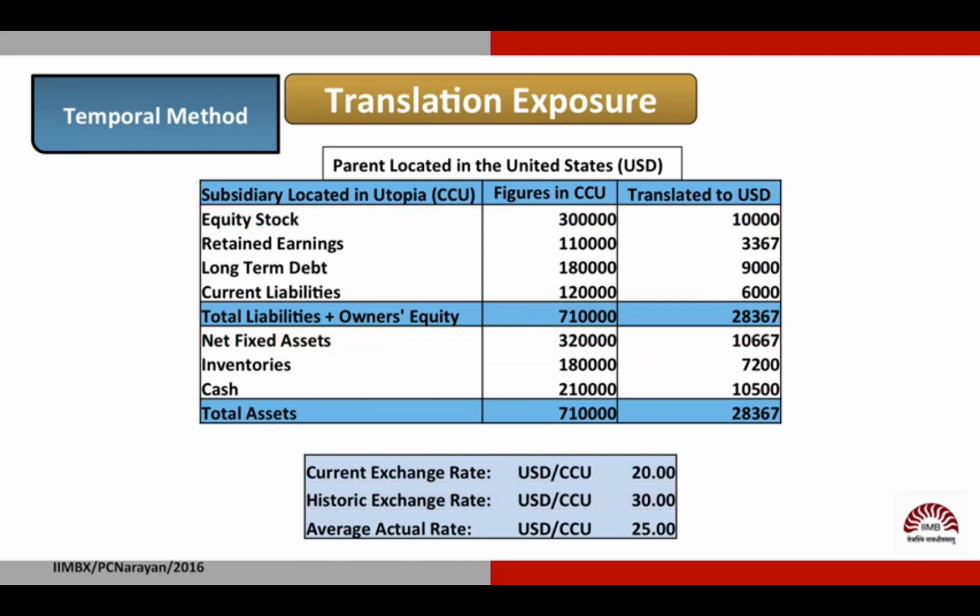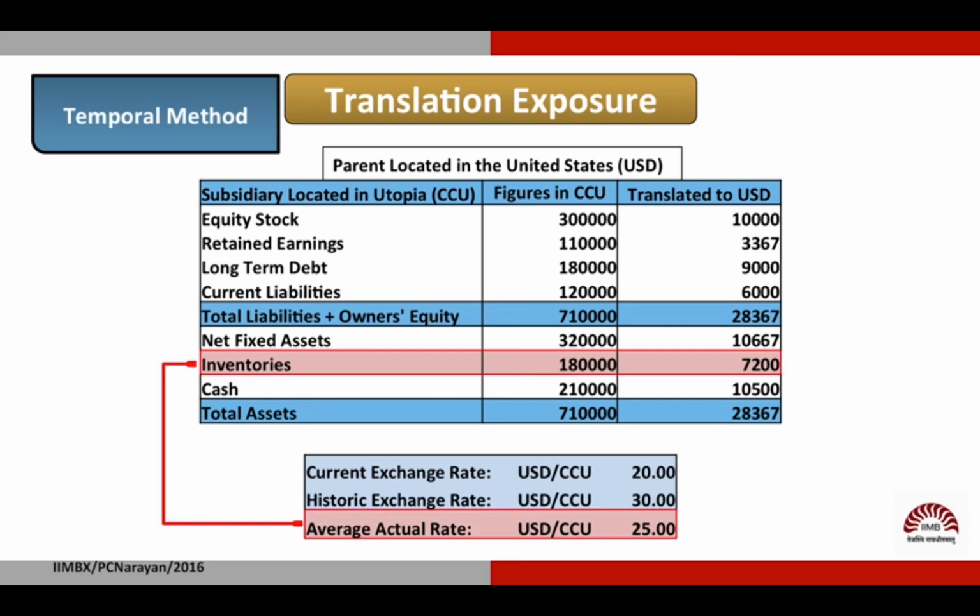For example, as you can see from the spreadsheet, cash is translated at the current exchange rate, and value of inventory is translated at the average exchange rate over the period. And as in the previous method, the gain or loss arising from translation effectively increases or decreases the retained earnings.